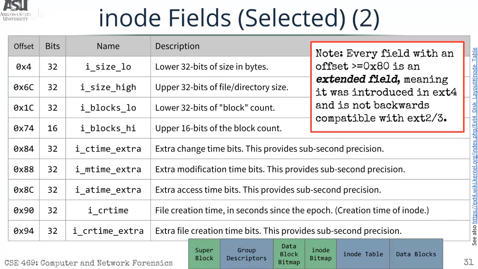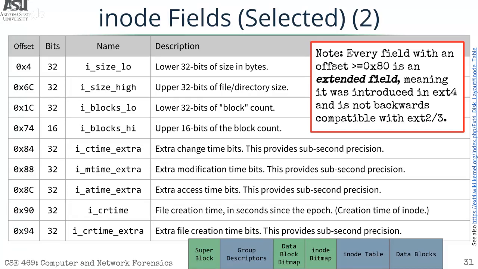More fields. Oh, you thought we were done with this, right? No. So here's an interesting thing about ext4. I'm getting ahead of myself, but let's talk about this now. On the previous slide, we said that there was a creation time, modified time, access time, right? Well, this is the extra information.